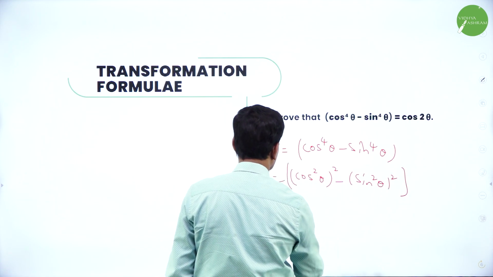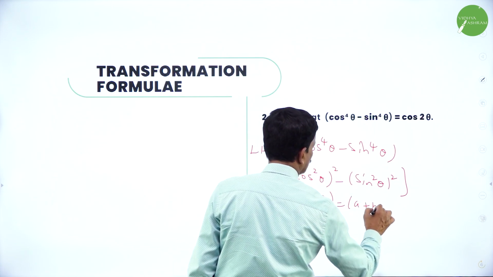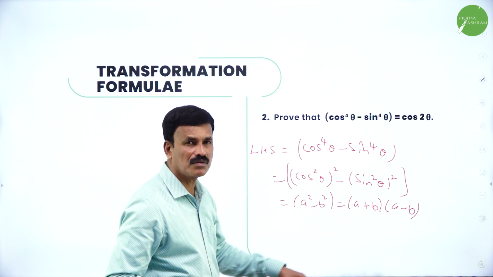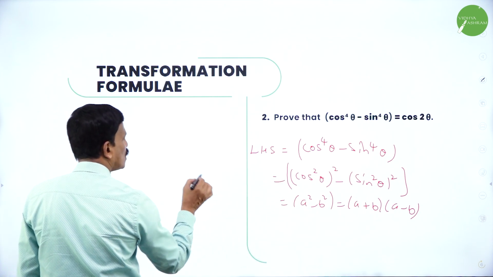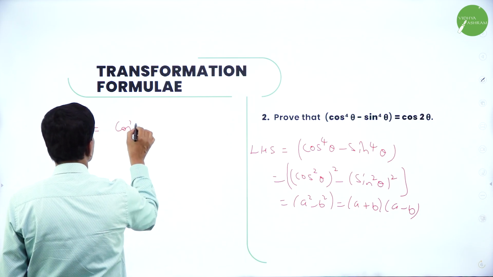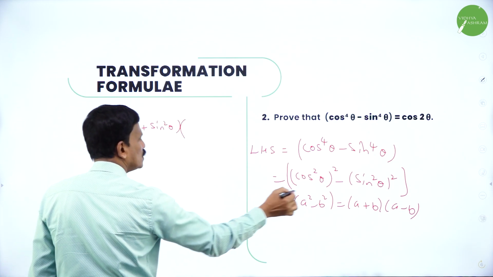Now if you observe carefully, this is of the form a square minus b square. A square minus b square is (a plus b) into (a minus b). What is a? Cos square theta. What is b? Sin square theta. So this can be written as cos square theta plus sin square theta, into a minus b.